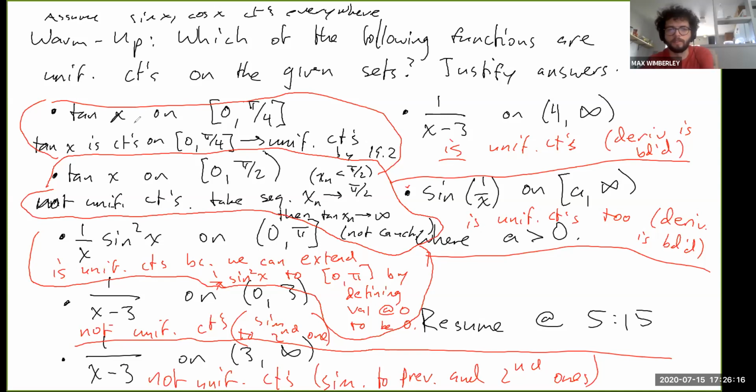So I feel like these examples here honestly cover most of the types of behavior that you should be familiar with, because we have stuff that's infinitely oscillating near a point, or stuff that has a pole at a point.